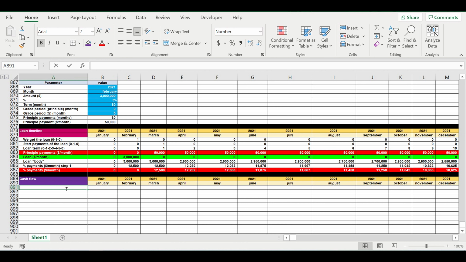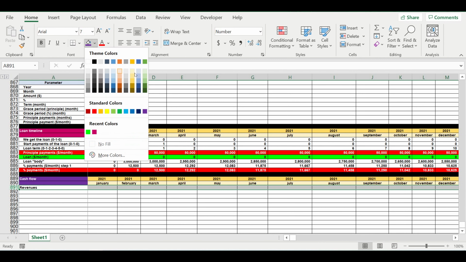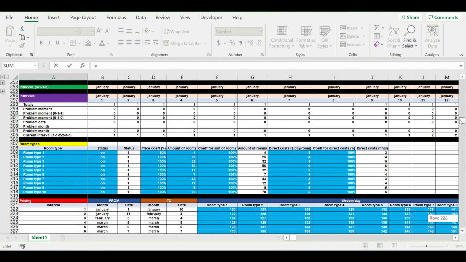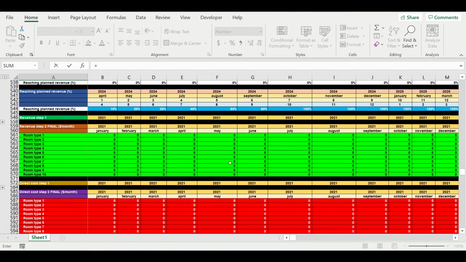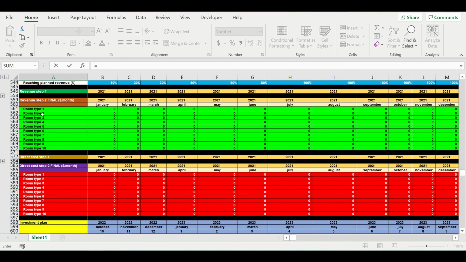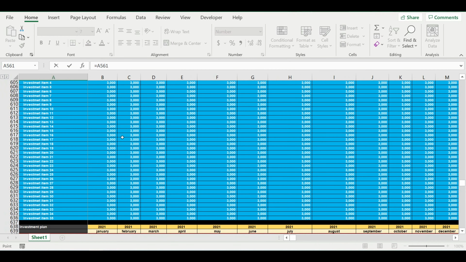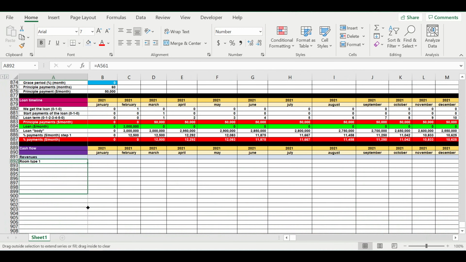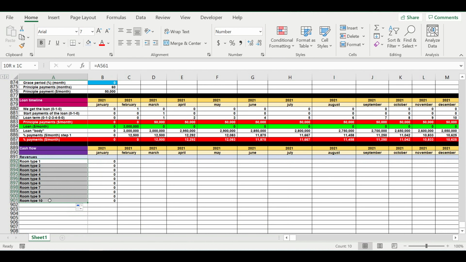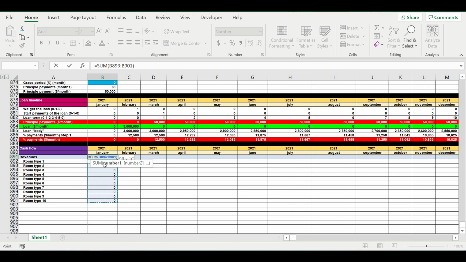So we start with revenues. Then we extrapolate this formula to all of our timeline.